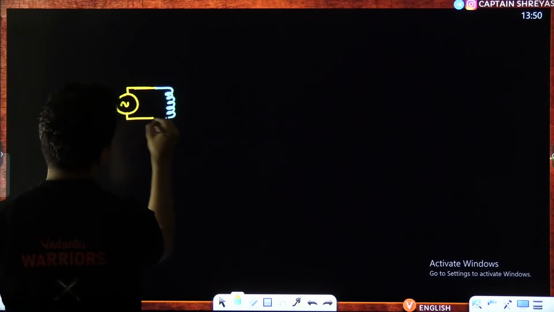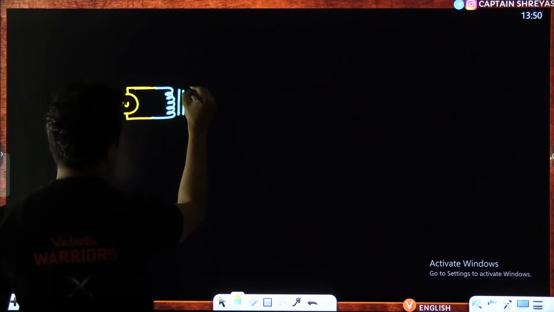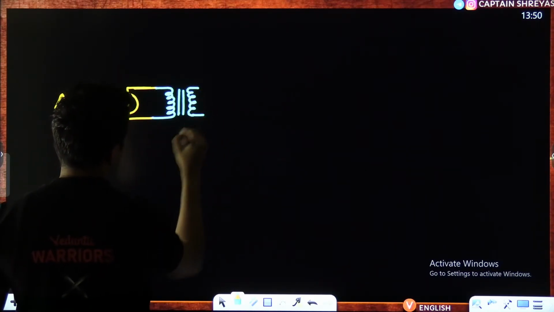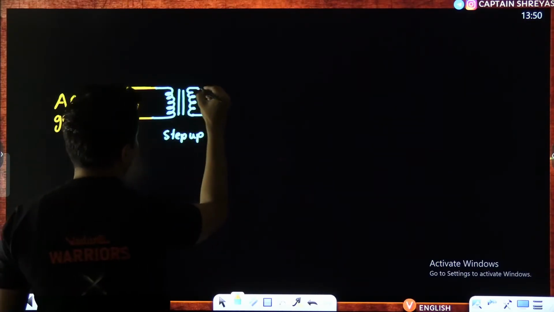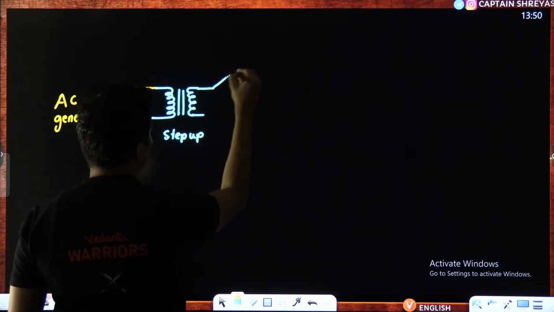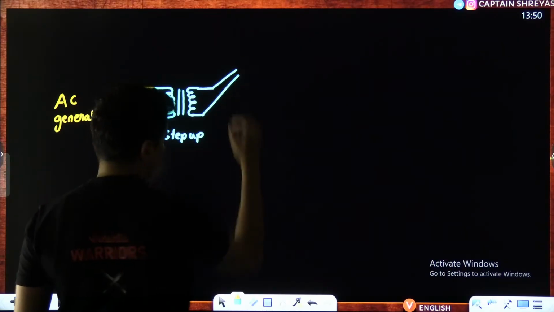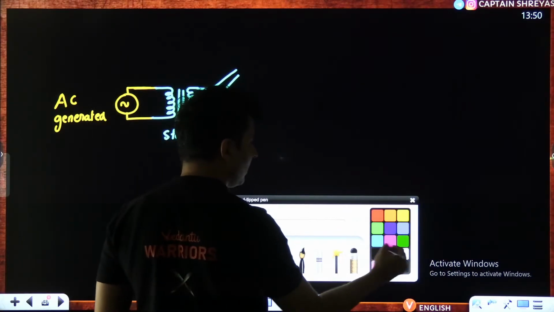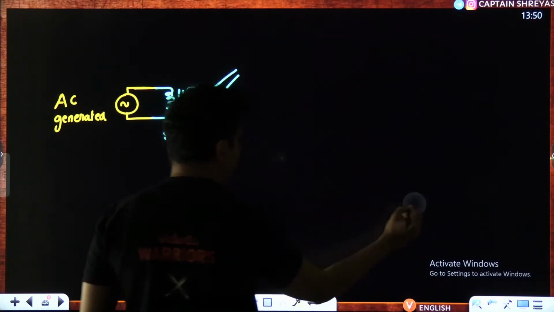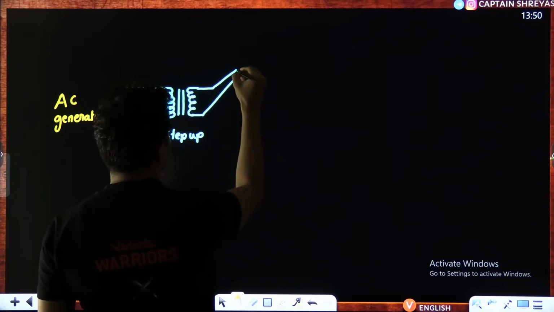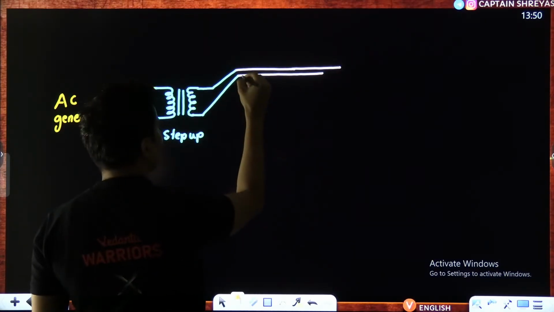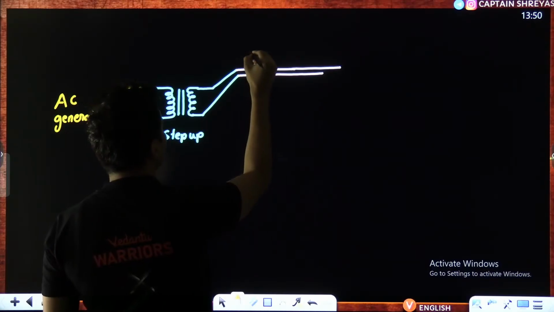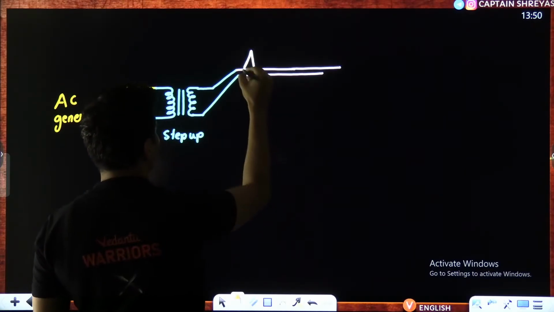This is the symbol of a transformer, by the way. This is a step up transformer, and the higher voltage is then carried using transmission lines from one city to the other. You might have seen those big transmission towers, right?